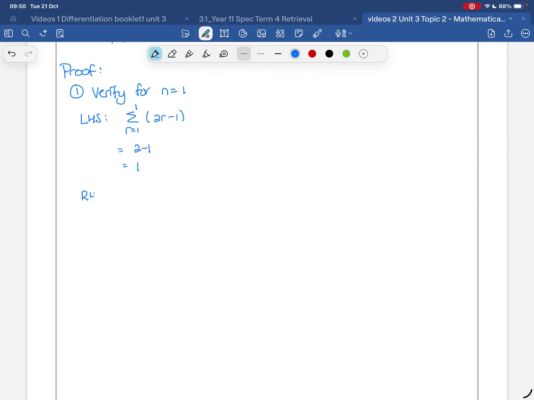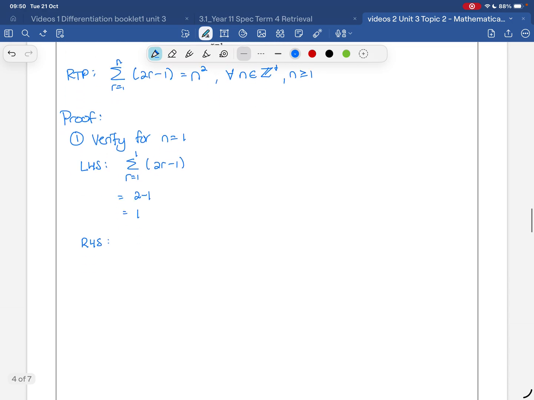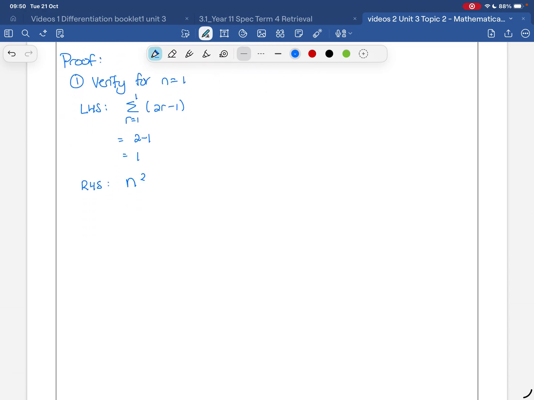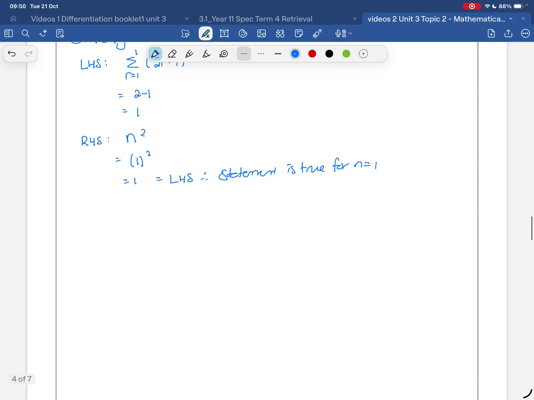And our right-hand side said n squared, and that's 1 squared, which is 1. So therefore, my statement is true for n equals 1.